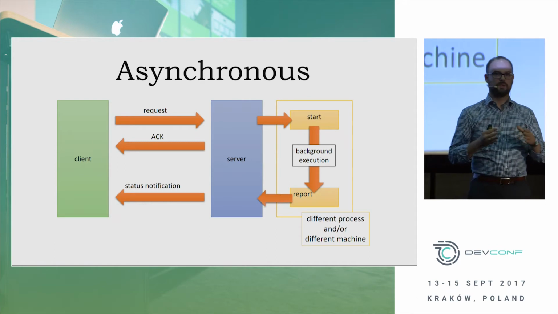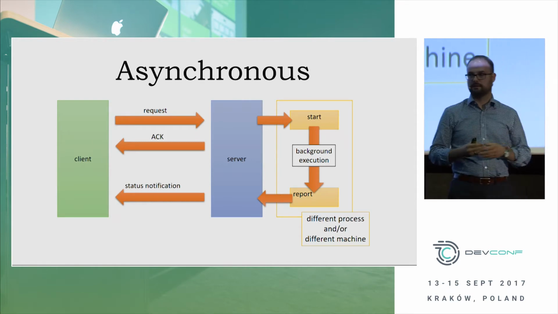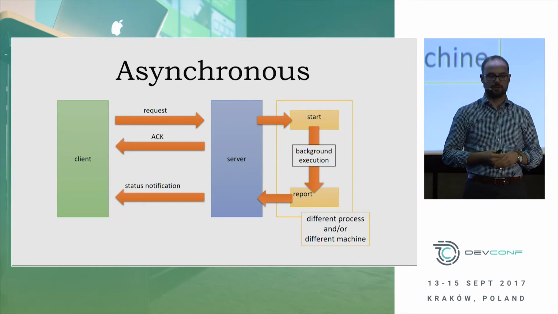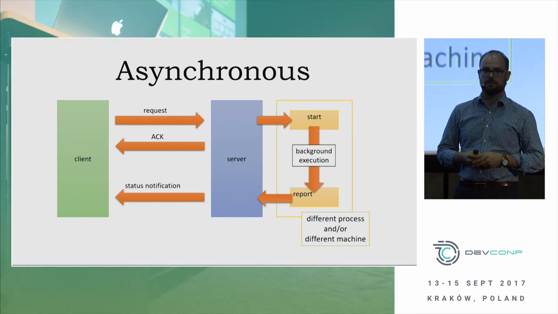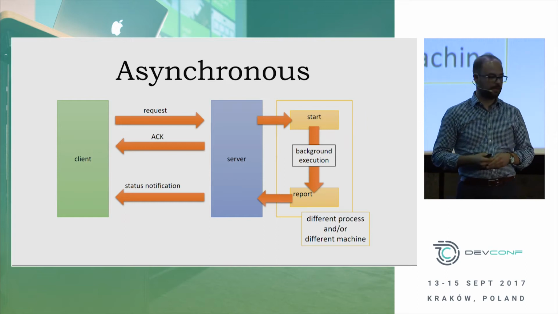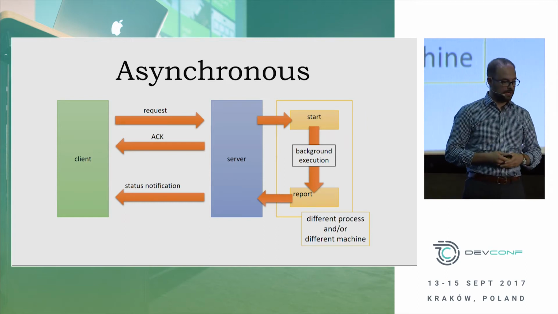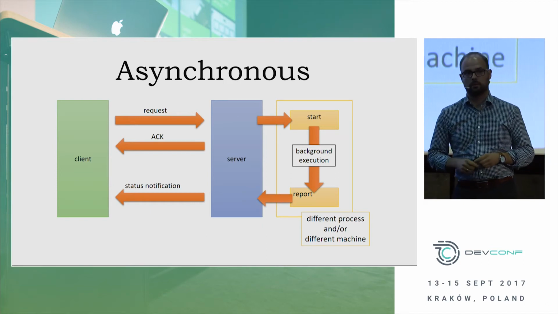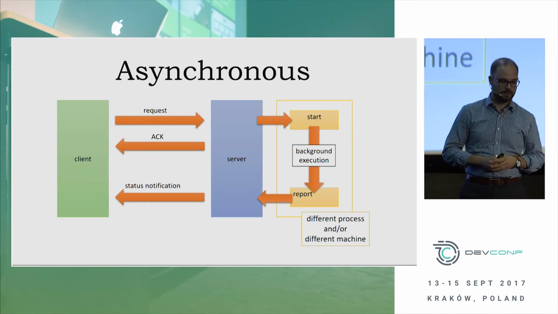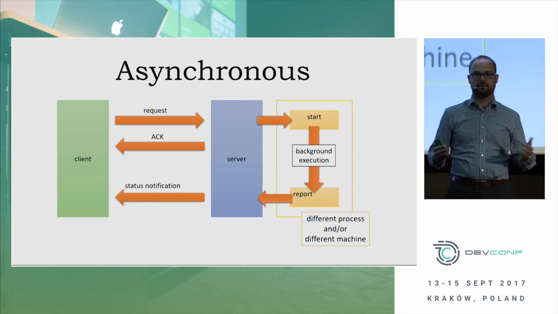So we have no easy way of scaling out the server. If we want to do this, we need to add more servers on the front end and use a load balancer. Here in the totally asynchronous scenario, we can split off the work to some other backend servers, right?